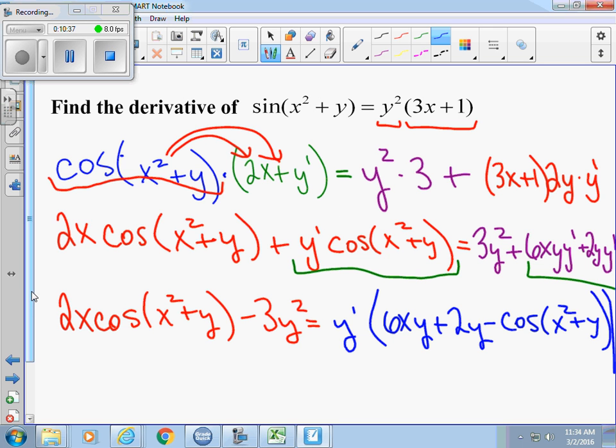How did you distribute the right side? Okay, so the 3 piece was just sitting there. Then this one, the 2y prime times the 3x, and the 2y prime times the 1.